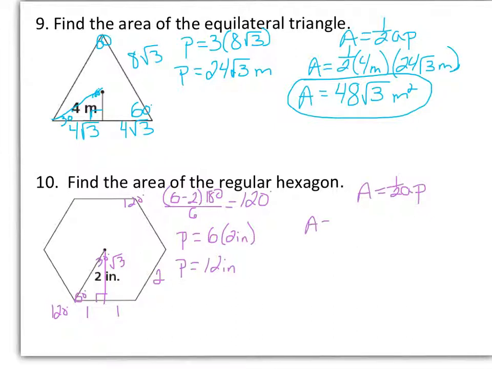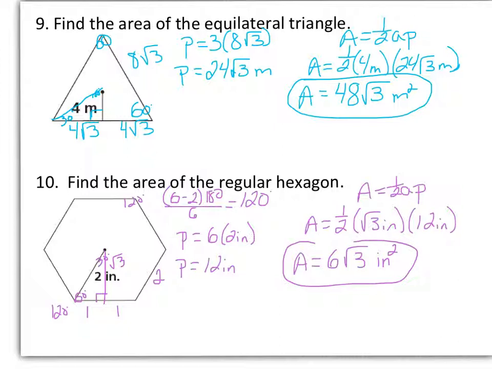Then my area will be 1/2 times square root 3 inches times 12 inches. So our area is equal to 6 square root 3 inches squared. And we'll leave this answer in radical form as well.